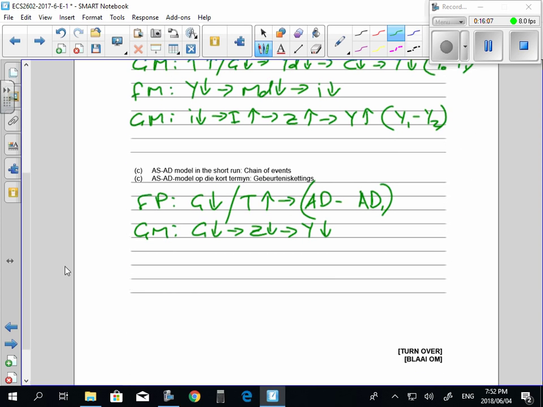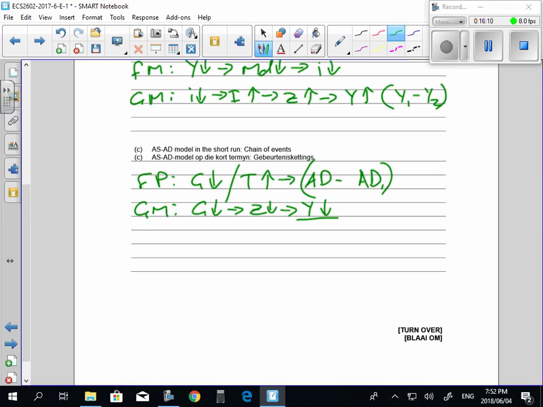So, how does the decrease in output and income affect the labor market? It affects it through the financial market. So, in the financial market, the decrease in output and income would decrease your demand for money, decreasing your interest rates.